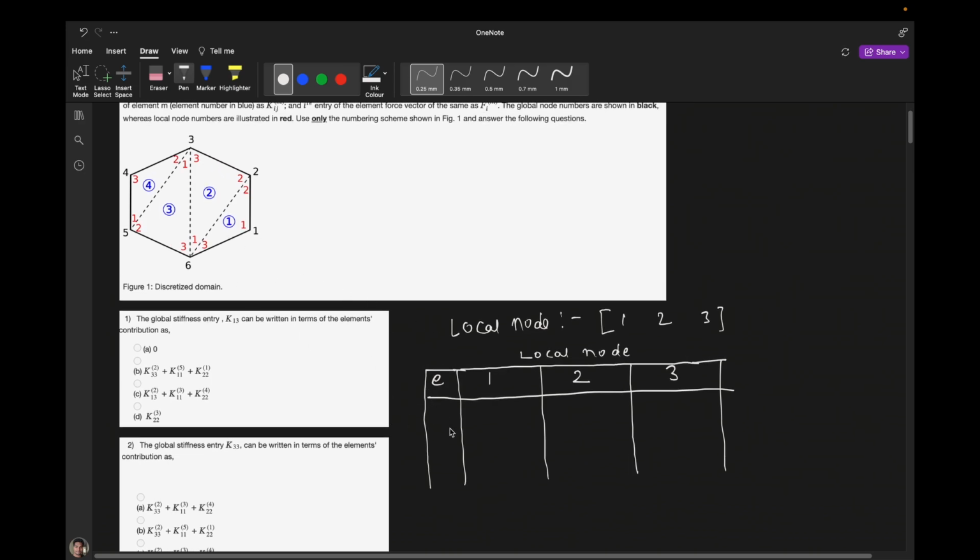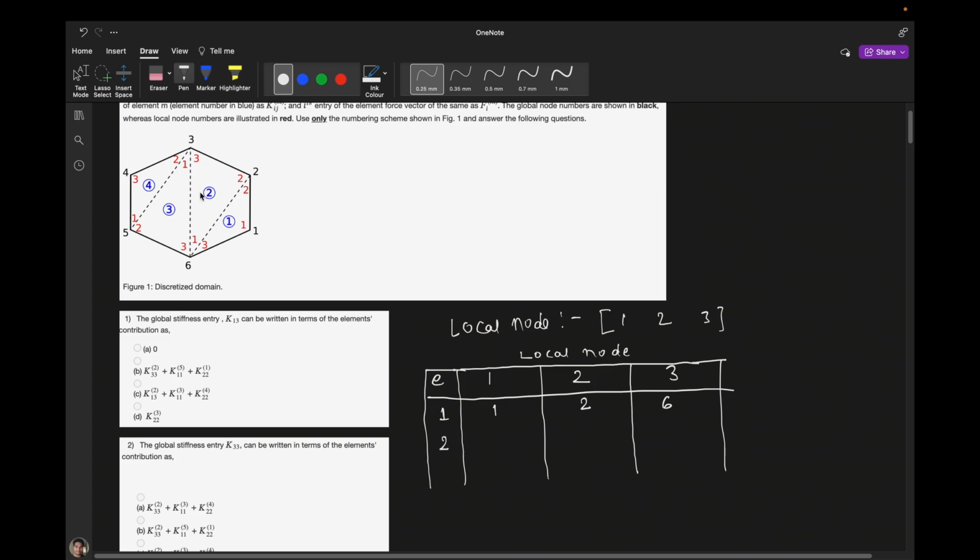So let's suppose for element 1, corresponding to the local nodes 1, 2, 3, what are the global nodes? That is 1, 2 and 6. So we have to write 1, 2 and 6.